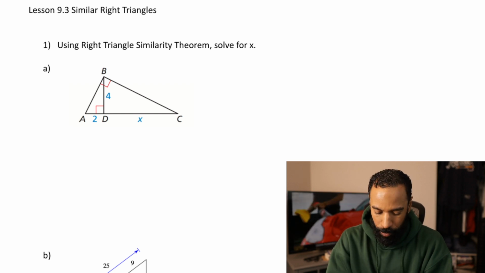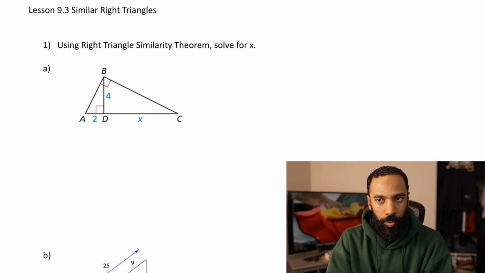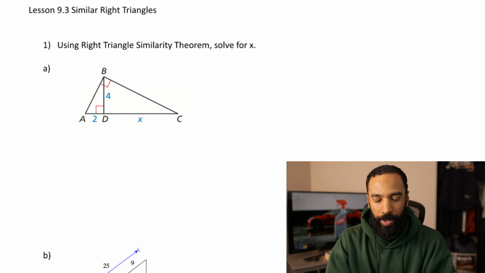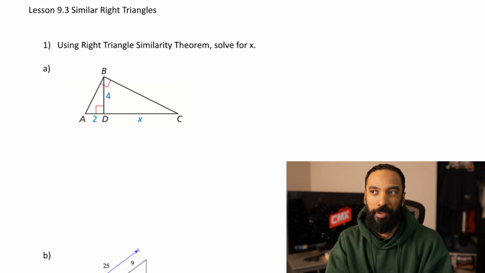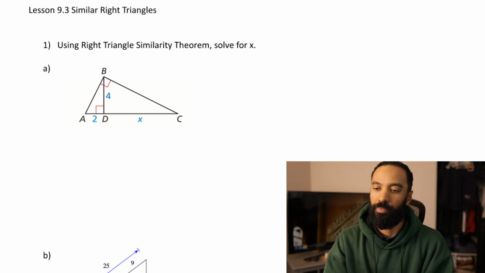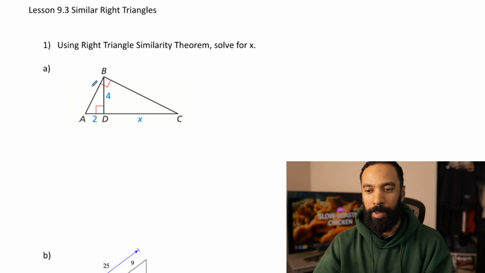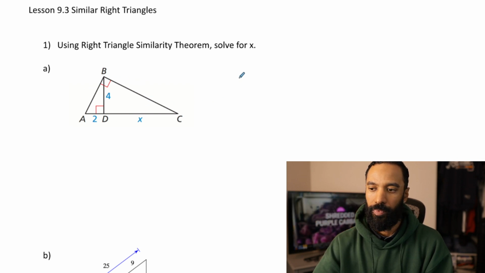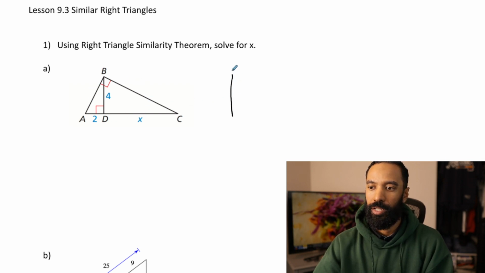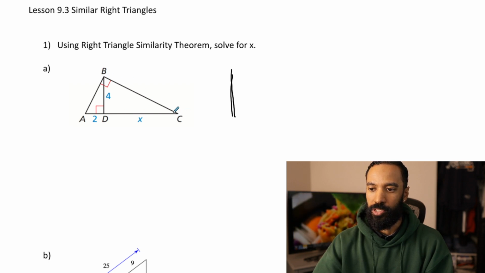I'm going to start off with, what if you came up with which triangles were similar to each other? Maybe by redrawing them. And what I mean by that is, let's say I have the biggest right triangle here. The biggest right triangle here is triangle ABC.